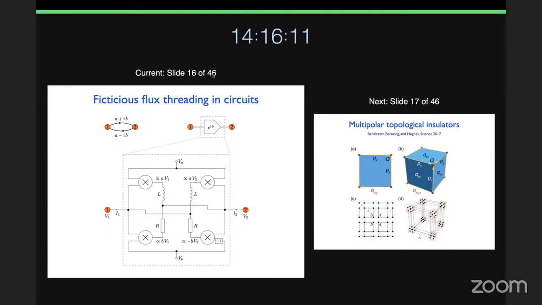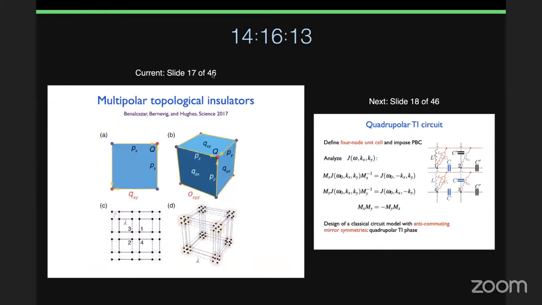With this ahead, let me also say that circuits are, of course, quick. If a theoretical proposal comes around, we can build an experiment sometime. Well, experiment, I mean, it's very close to the simulation itself, but the circuit experiment can be done in 2 months. And that's happened for the multipolar topological insulators, or higher order, you might also call them. Multipolar, I call them because you can recast them as a bariflux dipole and multipole.